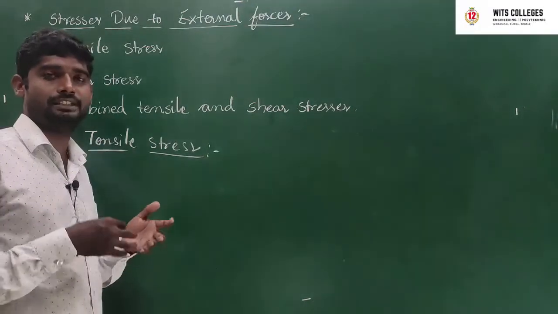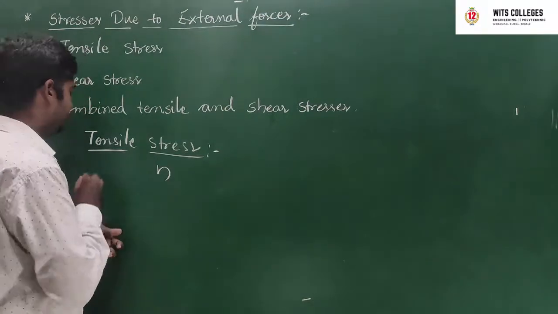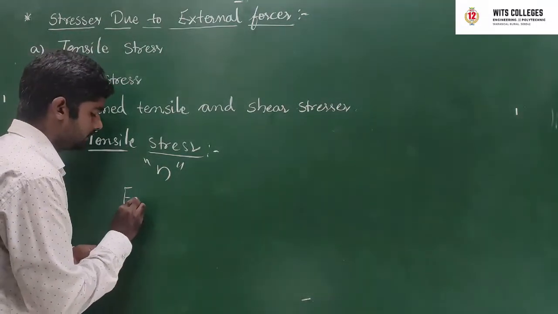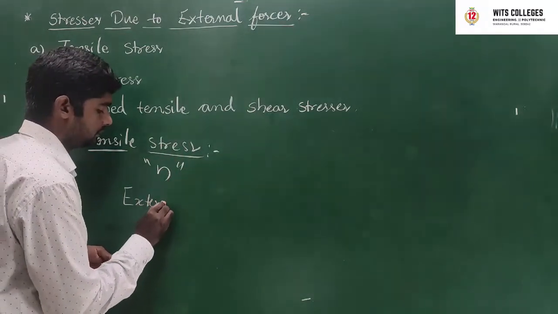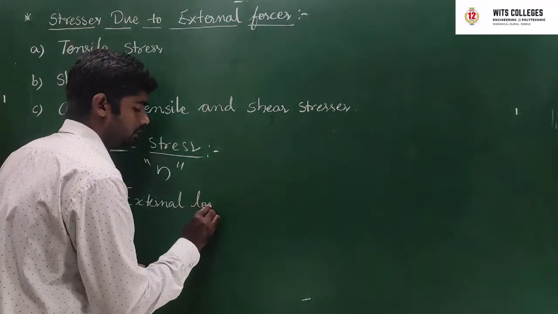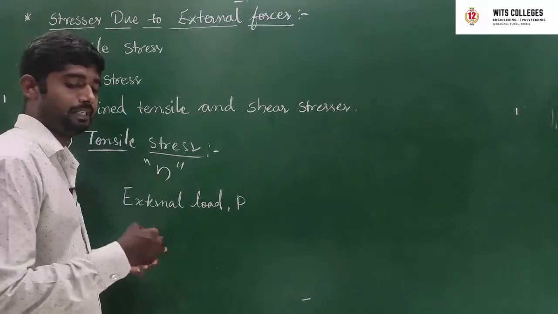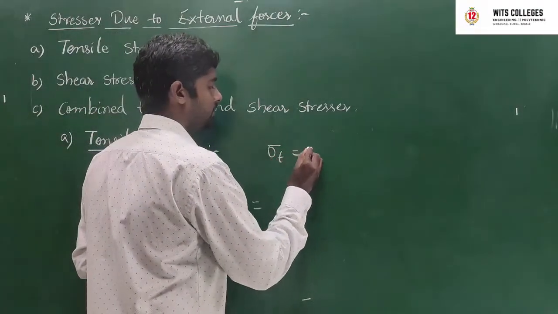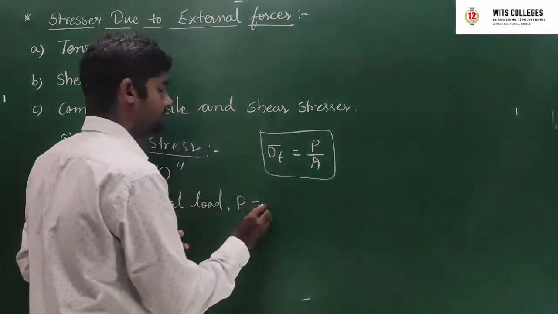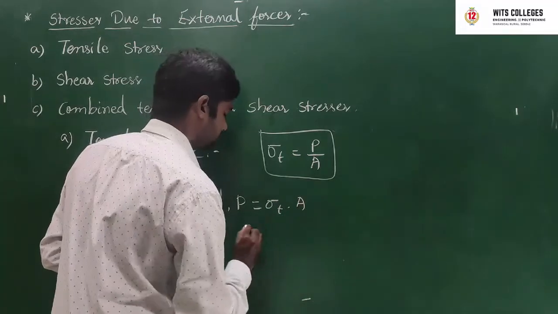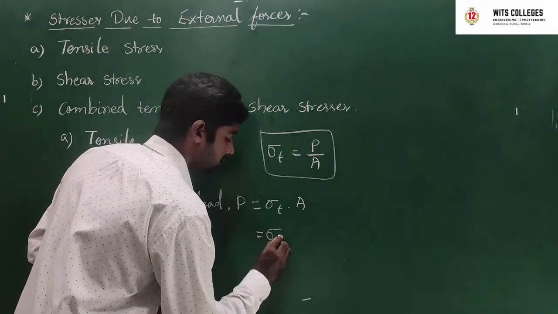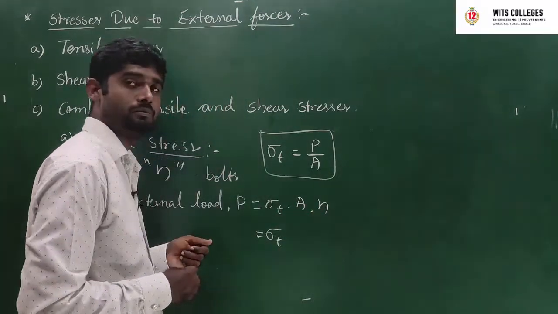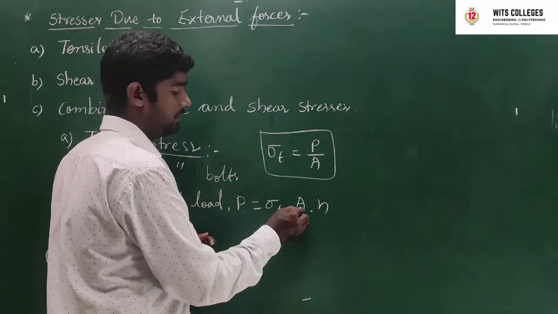Let there be n number of bolts, with external load P. We already know that tensile stress sigma T is equal to P by A. Using this, P is equal to sigma T into A into n, where n is the number of bolts.